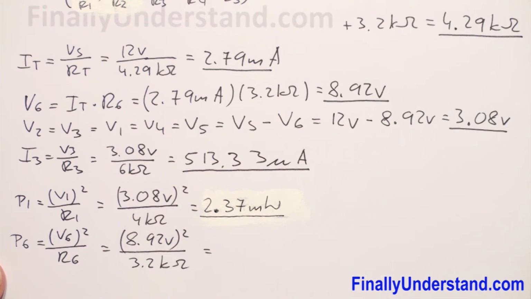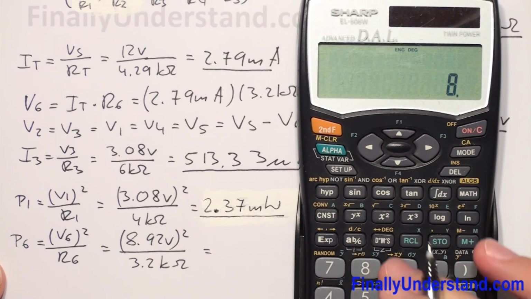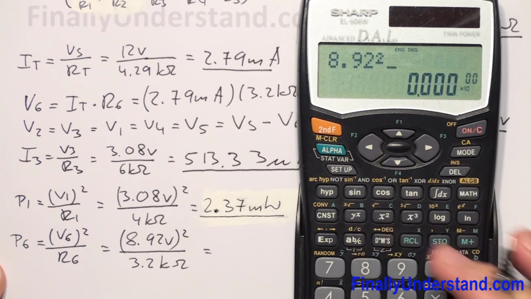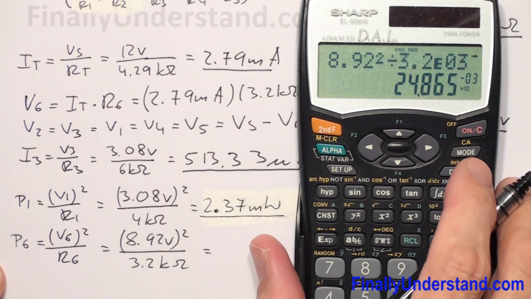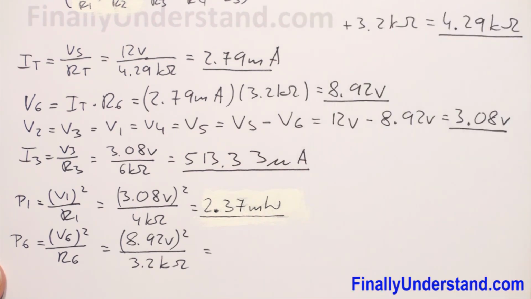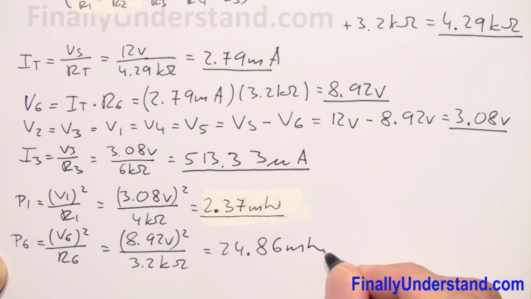This is 8.92 squared divided by 3.2 times 10 to the 3, which equals 24.86 milliwatts. Okay, so this is the power at resistor R6.